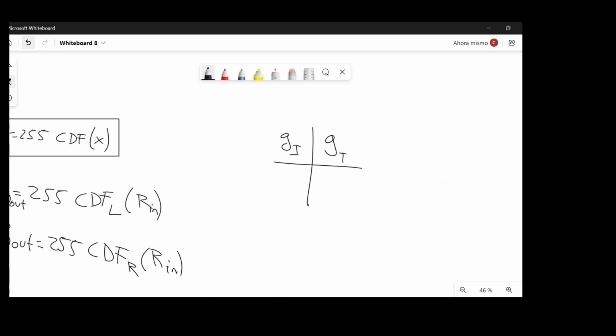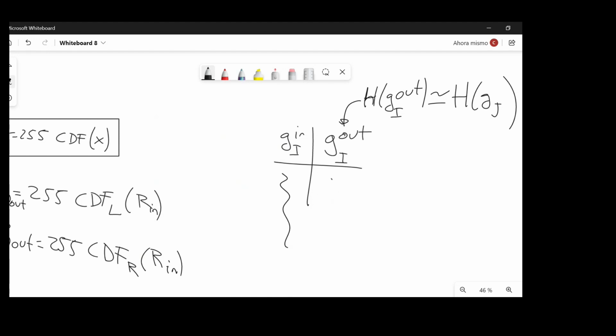So I want to find an output for the image I, but it has to be such that the histogram of GI out is approximately the histogram of GJ. So I want to find this transformation here. How do I do it?